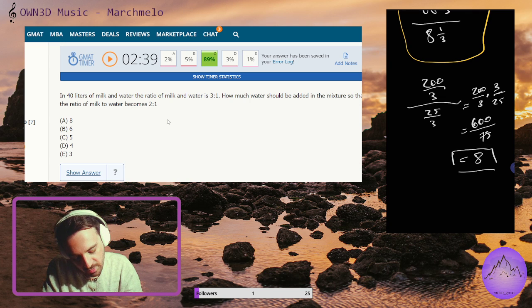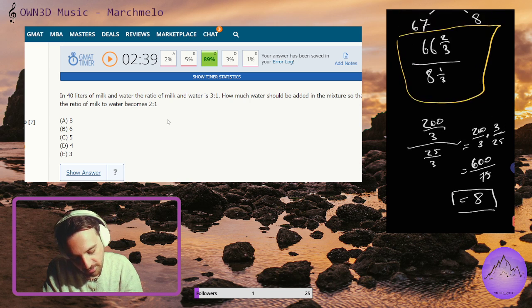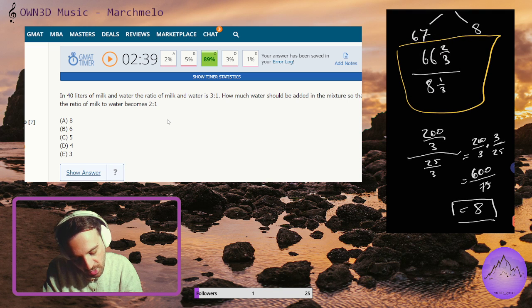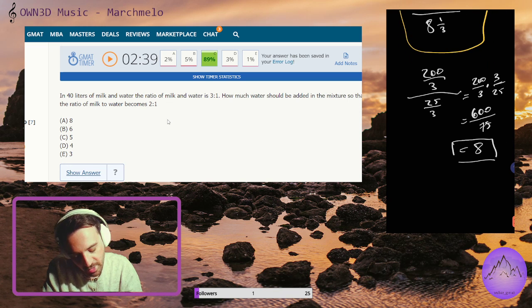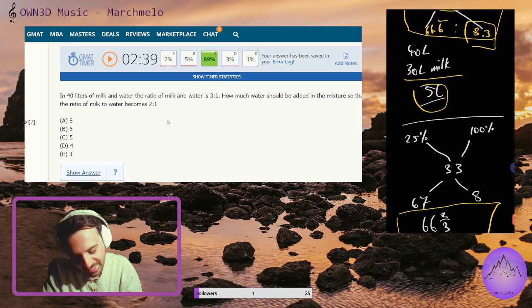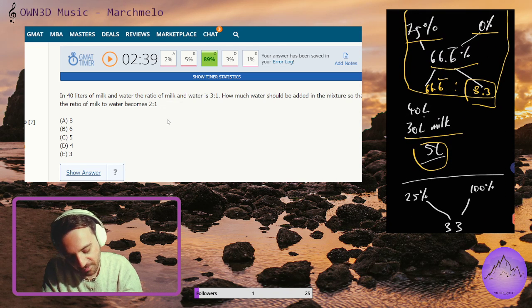So if that's essentially 8 to 1, then we were adding 1/8 of the original, being 40, 1/8 of 40, 5 liters.